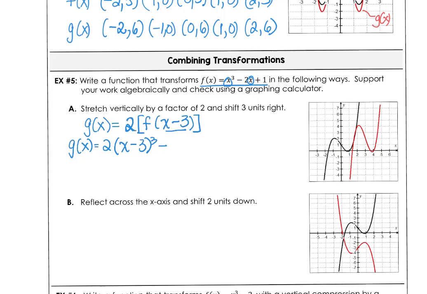So 2 times negative 2 is negative 4 times x minus 3. And then 2 in the front times the 1 constant is 2 times 1. That gives us 2. Now, we have to expand this x minus 3 cubed.